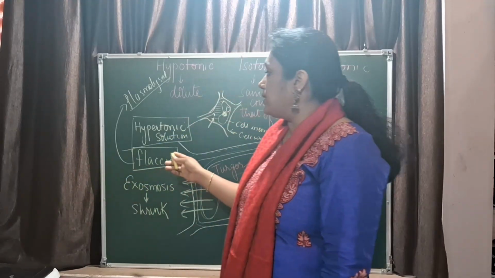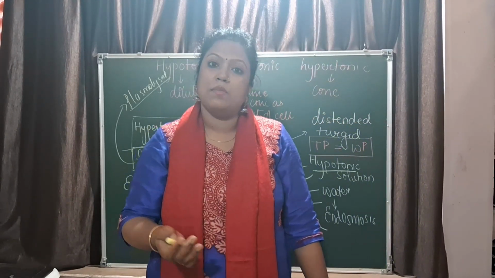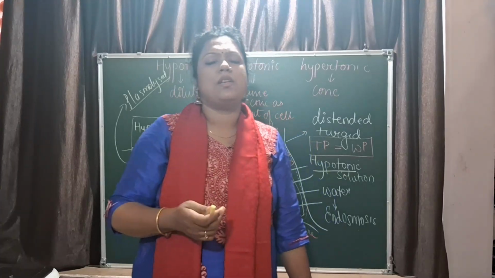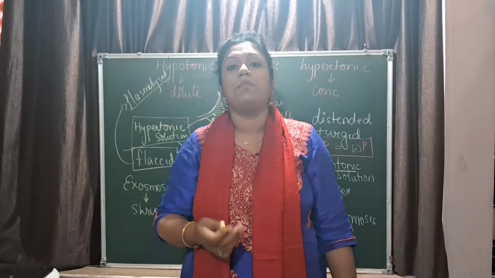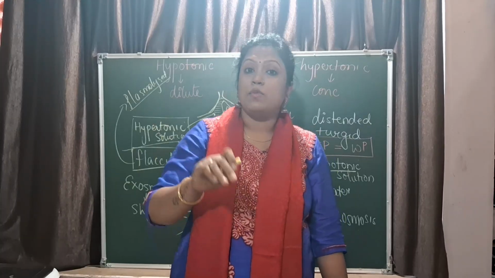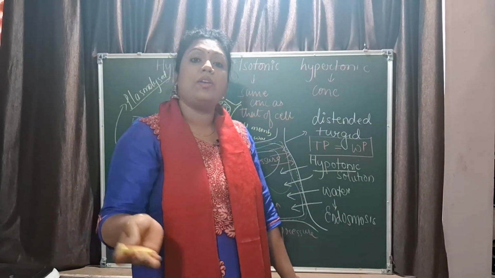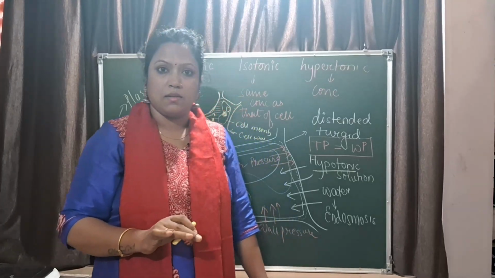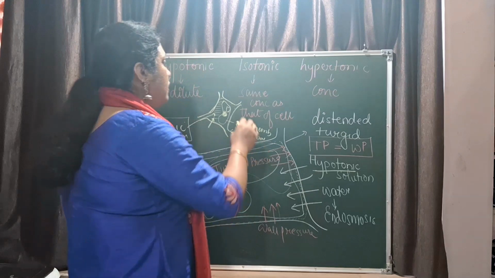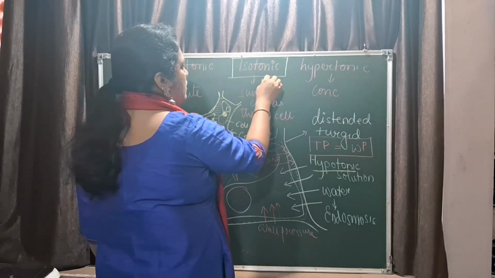When it is placed in hypertonic solution, the cell will shrink and become flaccid. We generally use flaccid for animal cells; in plant cells, we use the term plasmolysed. A plasmolysed cell, when placed in the hypotonic solution, regains its original shape, that is, deplasmolysis will occur. And in isotonic solution, the net movement of water is zero.